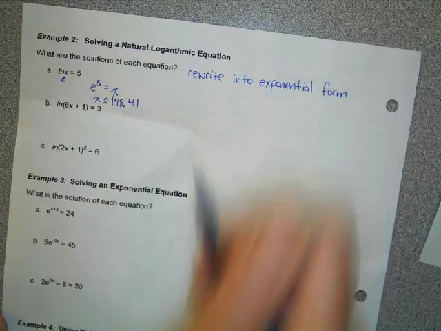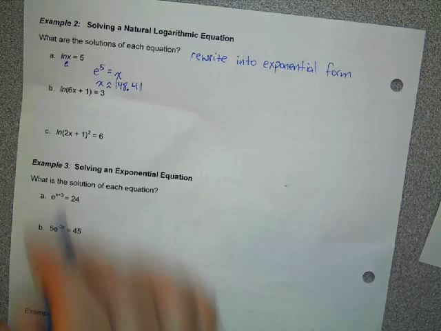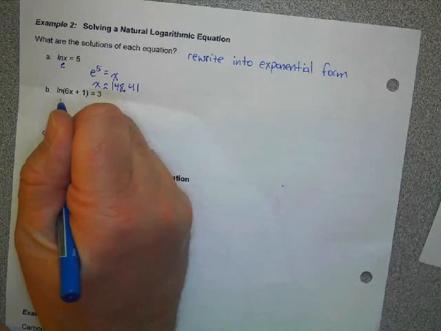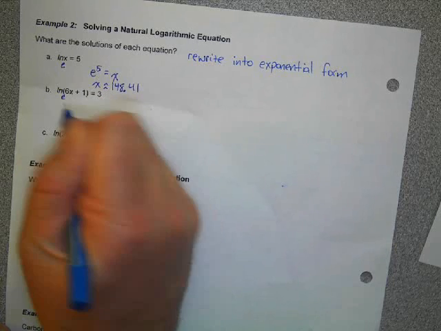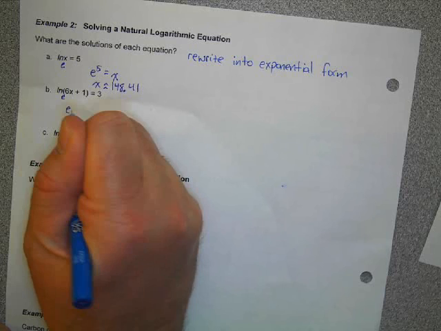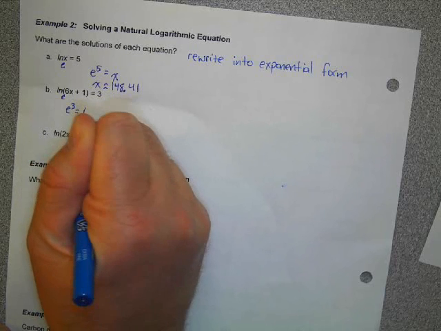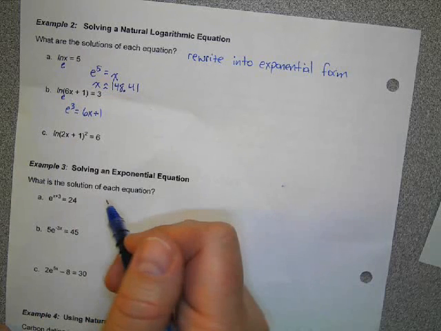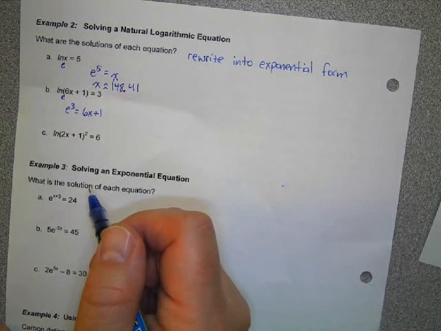Part B, once again, switch to exponential form. Understood that e is your base, the subscript down here. So in this case we write e to the third equals 6x plus 1. E to the third is approximately 20.09.